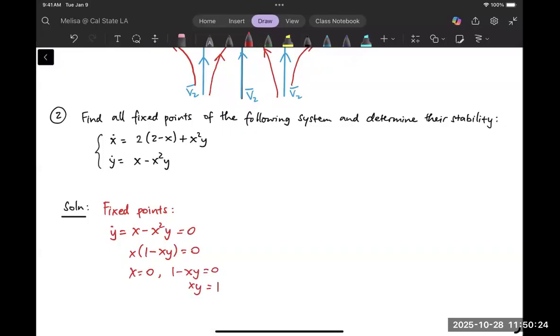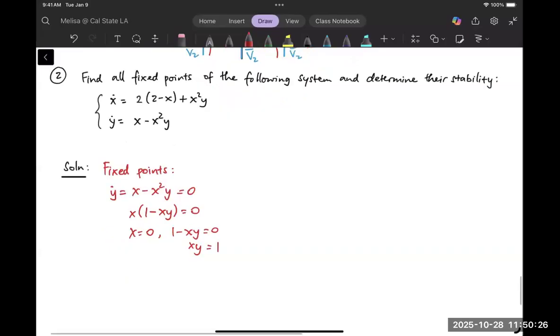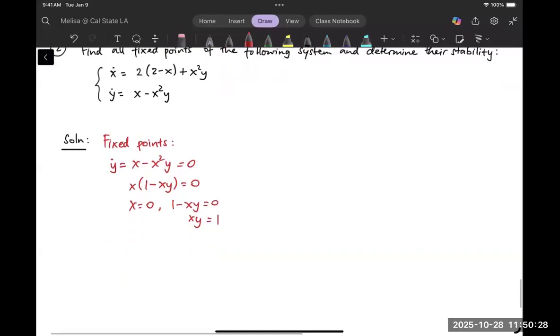Okay. All right, so now we gotta use the first one. We will substitute this to dx dt, which is 2 times 2 minus x plus x squared y.